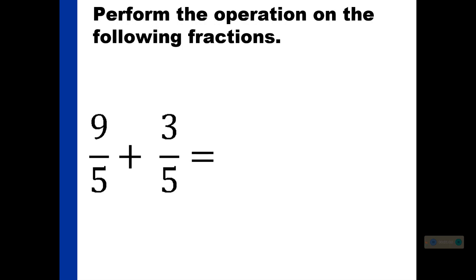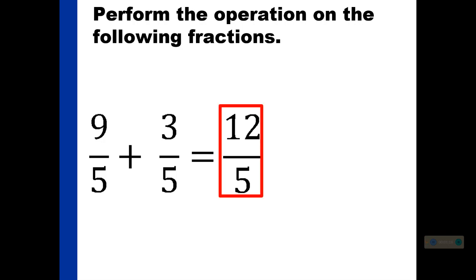Next, let us have 9/5 plus 3/5. The answer here is 12/5. You cannot reduce this fraction because the numerator and the denominator have no common factors.